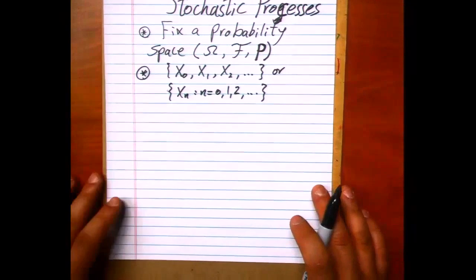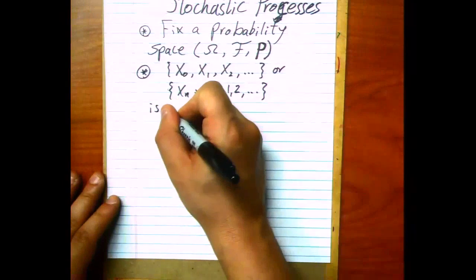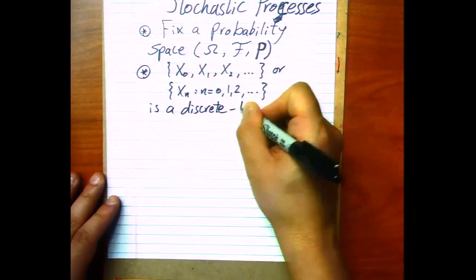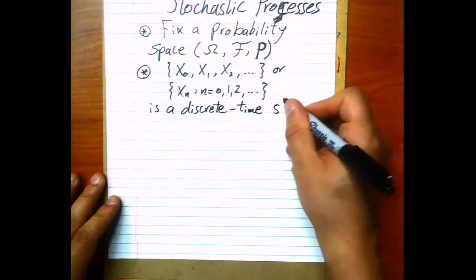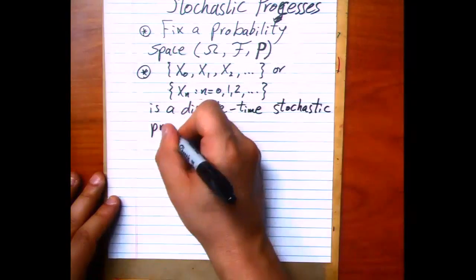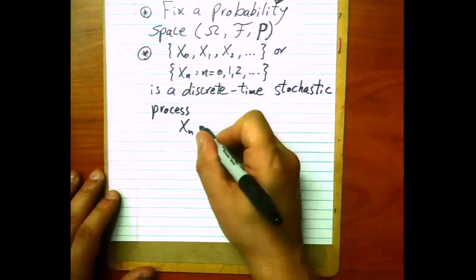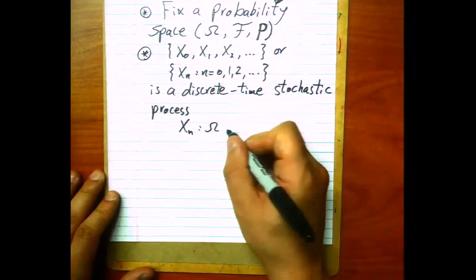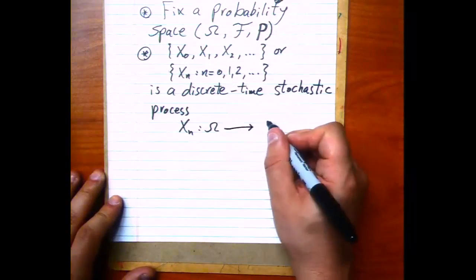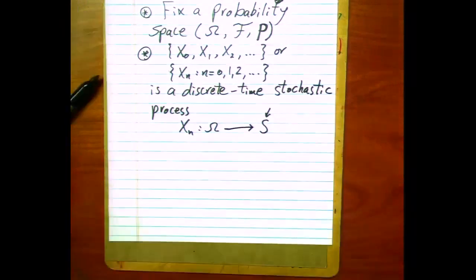Let's say this is what we call a discrete time stochastic process if Xn, as a random variable, is a function on omega into some set, let's call it S. S is nothing but what we call the state space.